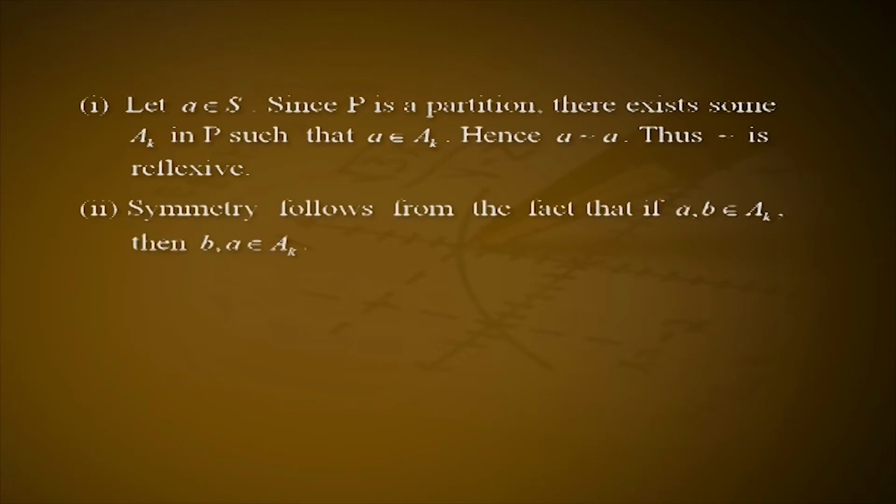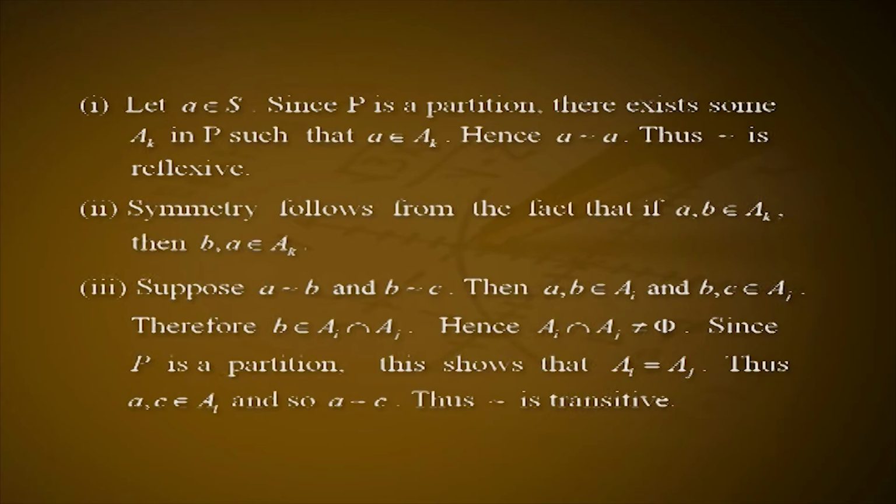2. Symmetry follows from the fact that if a and b belong to A_k, then b and a belong to A_k. 3. Suppose a is related to b and b is related to c. Then a and b belong to A_i and b and c belong to A_j. Therefore b belongs to A_i intersection A_j. Hence A_i intersection A_j is not the empty set. Since P is a partition, this shows that A_i is equal to A_j.